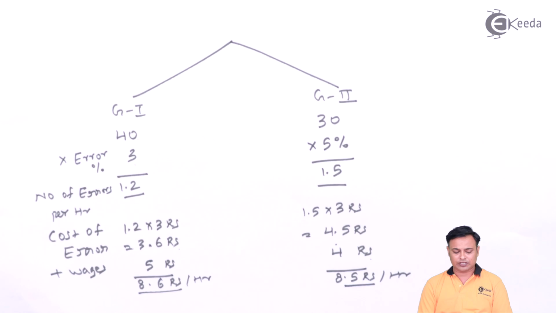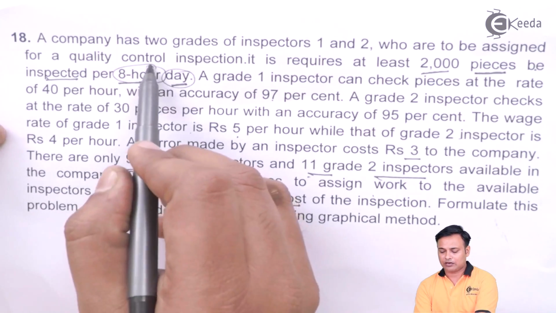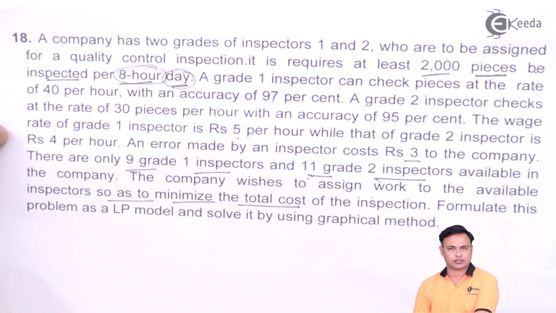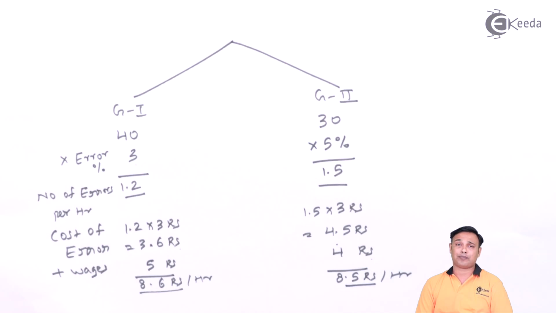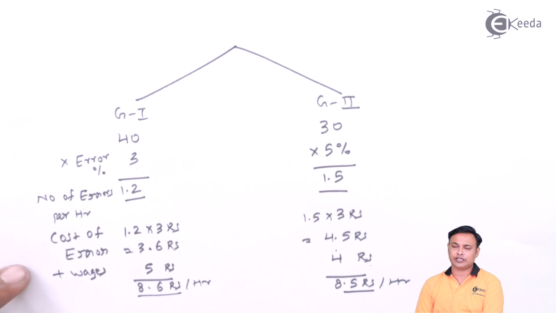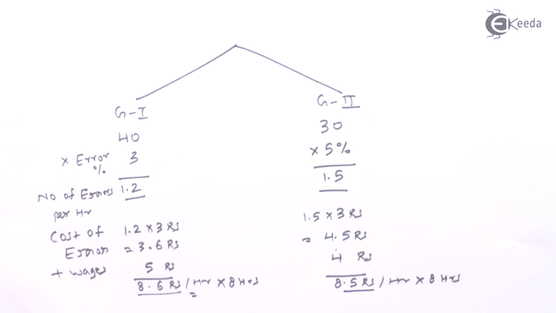Now we are given in the problem that there are 8 hours per day is the working hours. So we need to calculate the total cost per day for each inspector. So for that I will multiply this with 8 hours and I will multiply this by 8 hours, which will give me the cost per day rather than the cost per hour.